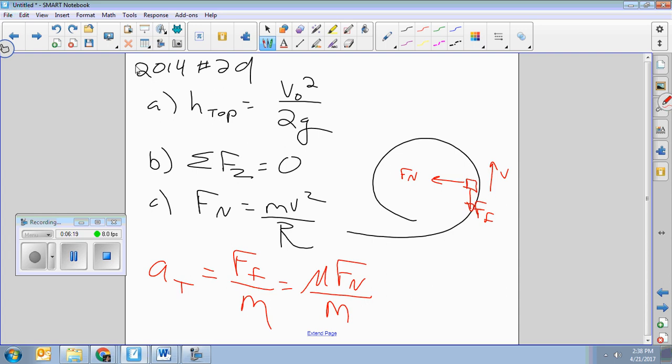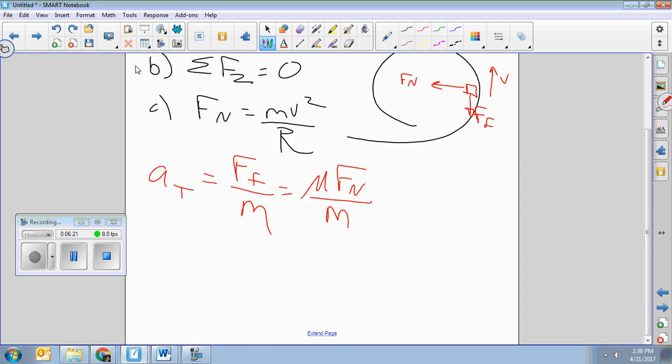Be careful that your mu's and your m's are distinguishable. Then just substitute in, so you get mu over m times mv squared over r. The m's cancel, and you get mu v squared over r. There's our tangential acceleration.